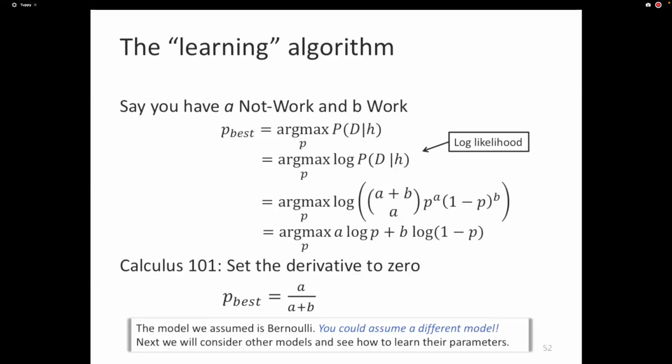In fact, you could have also assumed a prior distribution that says certain values of the probability P are more likely than certain others. And if you had assumed a certain prior, then you will no longer get A divided by A plus B. You will end up getting something else. Then you'll no longer be doing maximum likelihood estimation. You'll be doing maximum a posteriori estimation, and you'll get something that's different from A divided by A plus B.